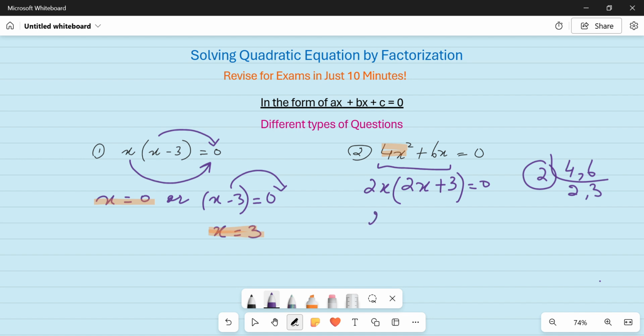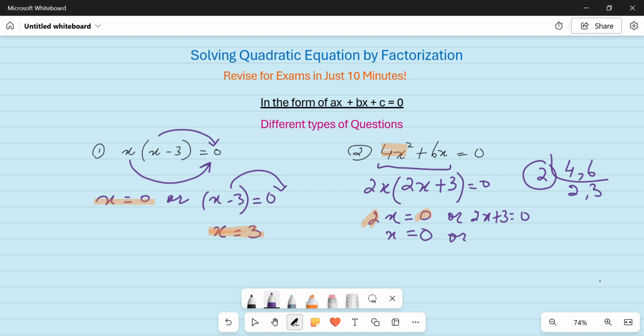Now 2x equals 0, or 2x plus 3 equals 0, right? Now x equals 0 divided by 2 gives you 0. We have found one value.